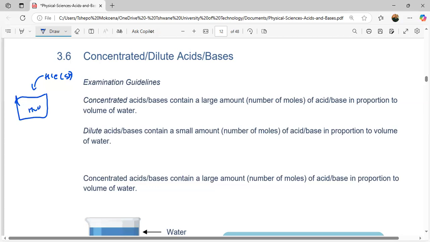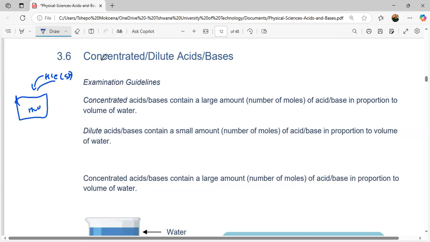So if you continue to add more water, maybe in your mind you will be like, I want to add more water so that this acid becomes weak. No, whether you add 100 milliliters of water or 200 milliliters of water inside of it, it will remain a strong acid. The only thing that is going to change is the concentration. Do you understand? So always bear that in mind.